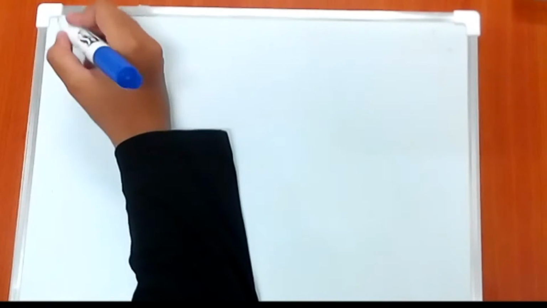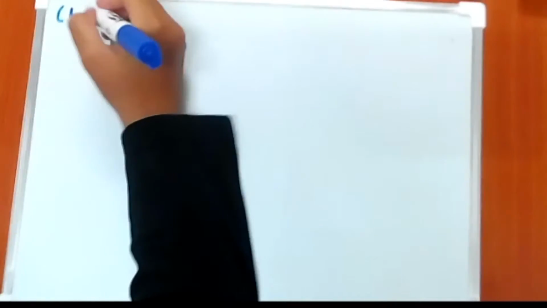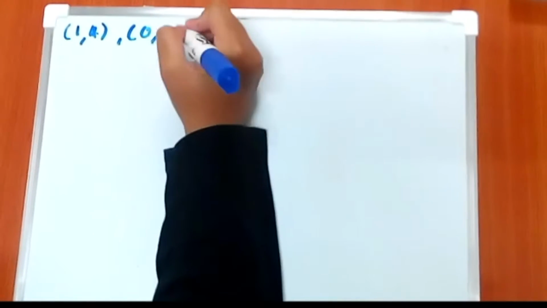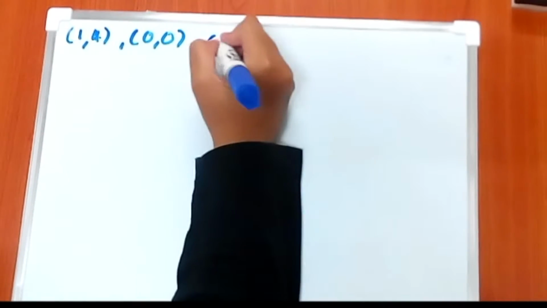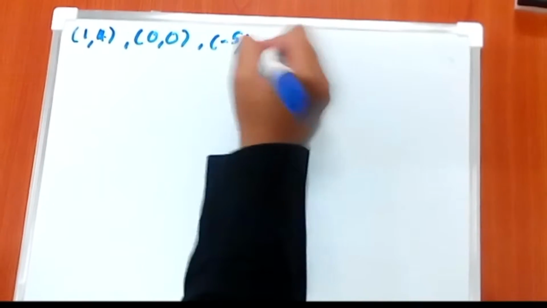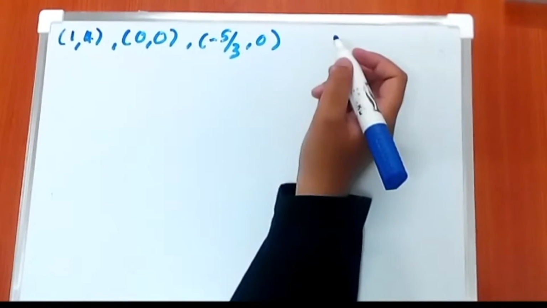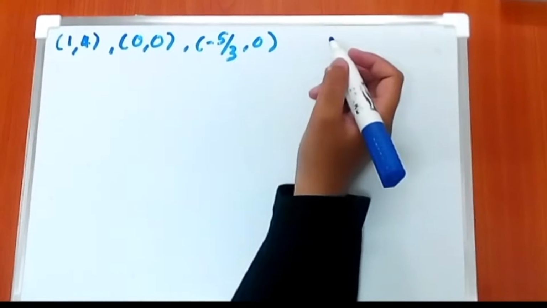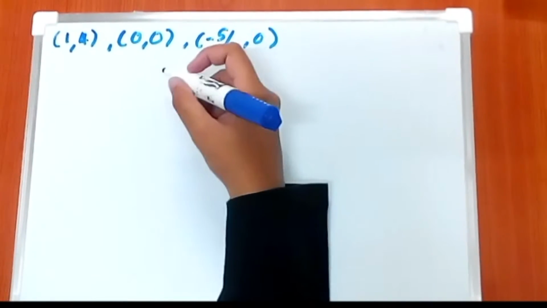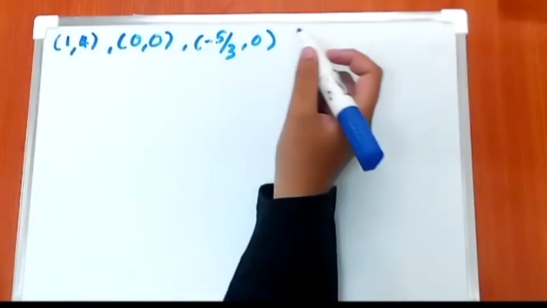After we get the critical points, which are (1, 4), (0, 0), and (-5/3, 0), we have to do the second partial derivative test to know whether the critical point is a minimum point, maximum point, or saddle point.